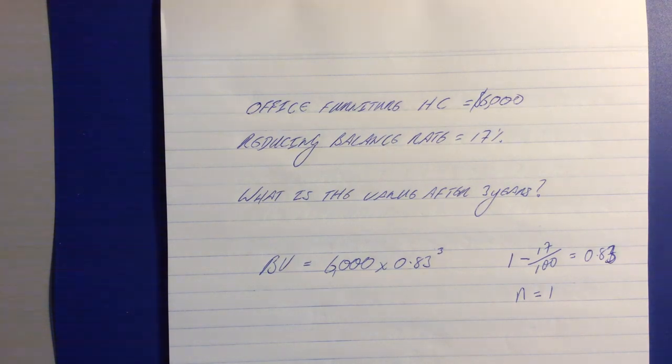Okay, so we have $6,000 and we're multiplying that by 0.83 to the power of 3, and that's what we get. There we are.